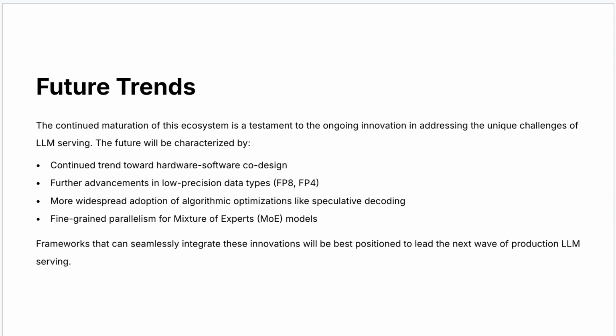Another major trend is the rise of fine-grained parallelism, especially for mixture of experts or MoE models, which activate only part of the model at a time. Ultimately, the frameworks that seamlessly integrate these innovations, from quantization and parallelism to memory optimization, will be the ones that define the next generation of production LLM servers.